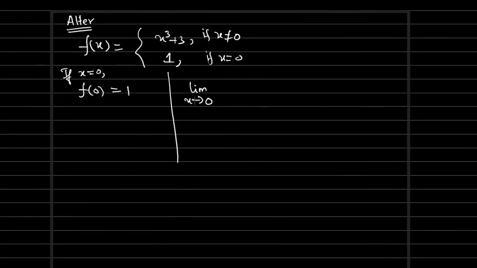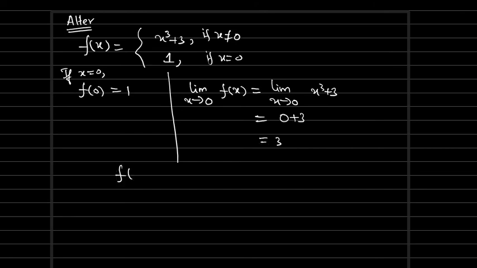So now limit x is approaching 0 of f of x equal to, so now the close values of 0 are not equal to 0, right? Approximately it's 0 but it's not equal to 0, so f of x has to be replaced with the first function. Now limit x is approaching 0, f of x is x cube plus 3. So approximately it's 0, so in place of x we can replace it with 0, then the value is 3.